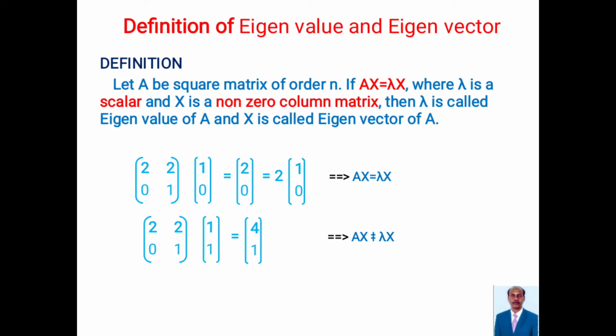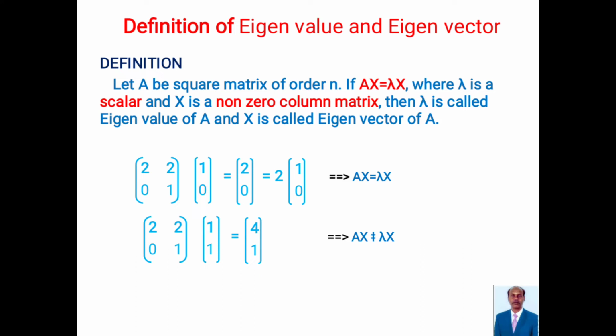So [2, 2; 0, 1] is the A matrix, and [1, 0] is the vector. Now we multiply these two matrices and we get the answer [2, 0]. How do we multiply? Take the first row in A and multiply with the first column in x: 2 into 1 is 2, 2 into 0 is 0.